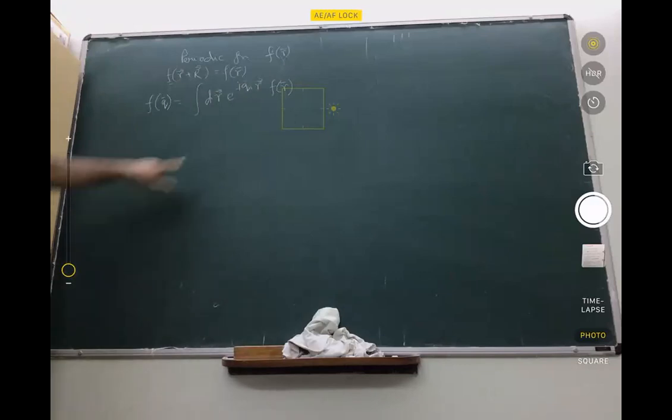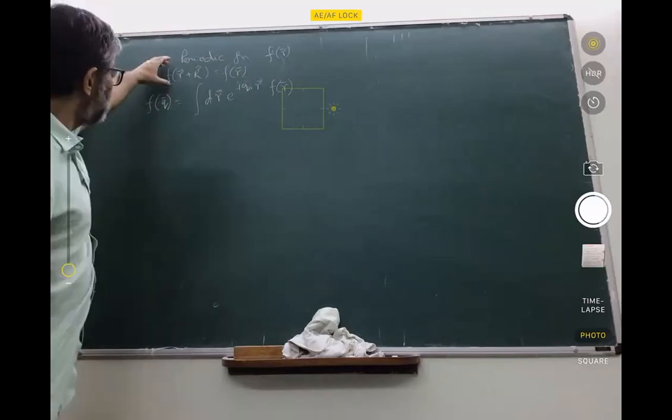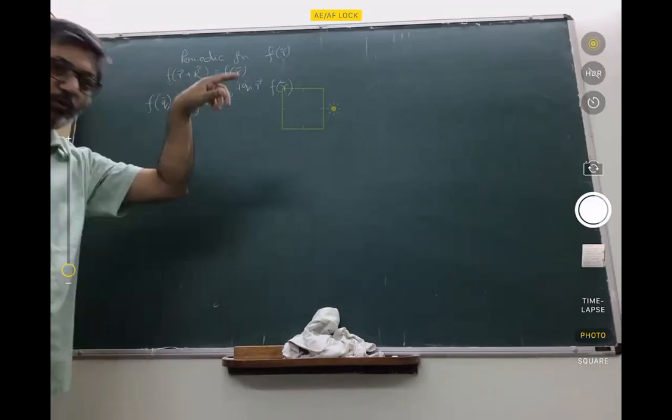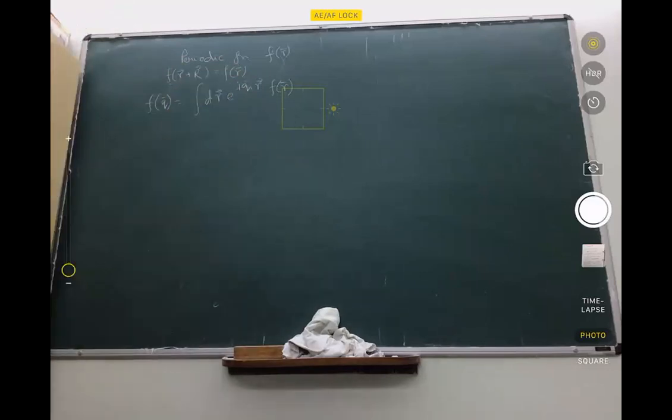Now this integral is over all space, but I have a periodic function. So therefore, what I can do is do this integral over one unit cell, and then sum over contributions from all unit cells. That will give me the same result because it's a periodic function.